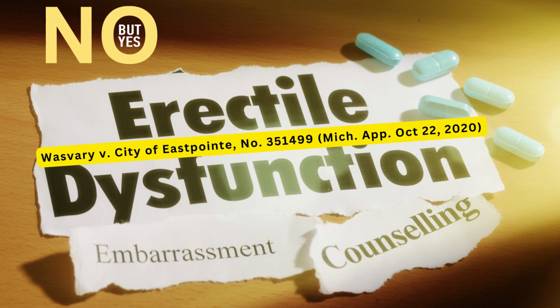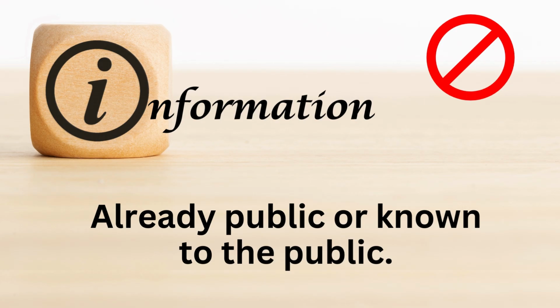I've read cases where it is considered confidential information, and then I have read where it was not deemed confidential information. But if you read this case here that I've cited, you'll see what I mean because it illustrates both sides. Information that is already public or known to the public.